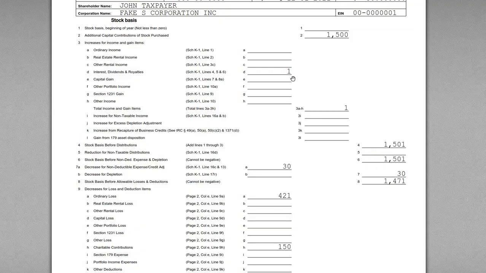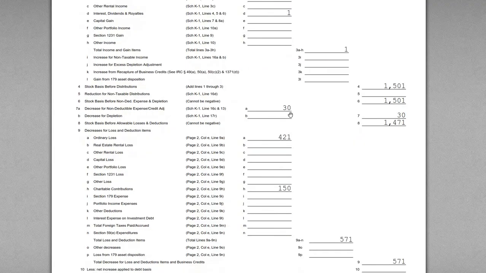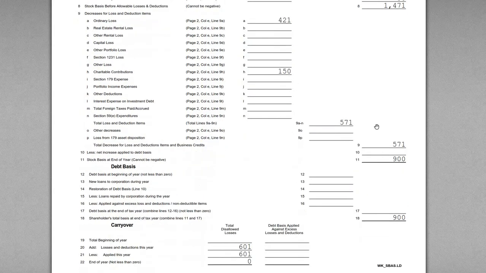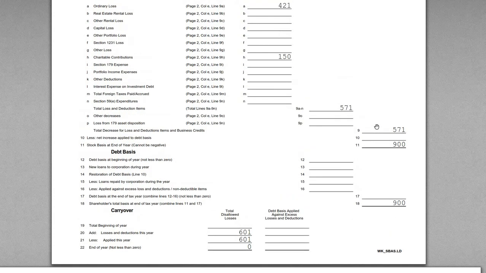He's being allocated interest here. He has some decreases for non-deductible expenses, for the ordinary loss, and for the charitable contributions. When everything is said and done, his overall shareholder basis at the end of the year is $900. So if we're doing everything correctly, the basis worksheet that we're completing on 7203 should match this, right? It means all the same data.